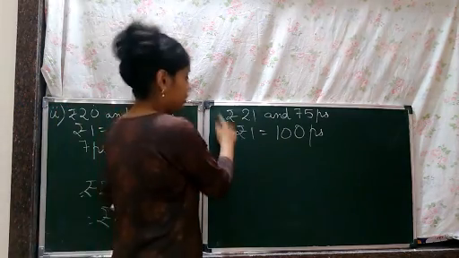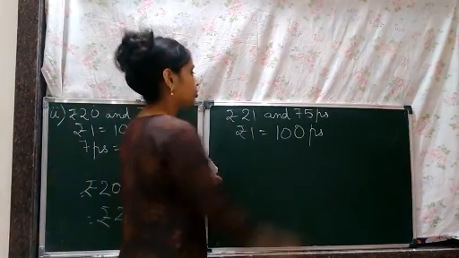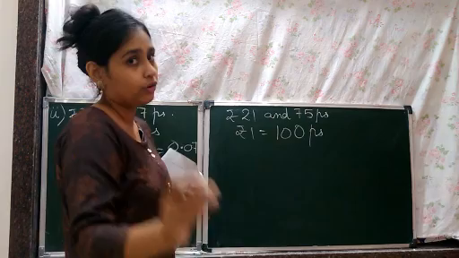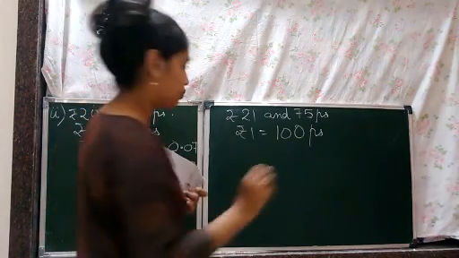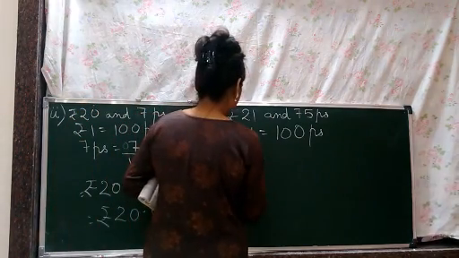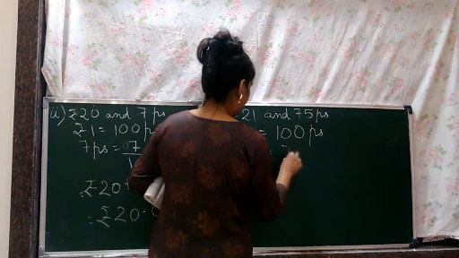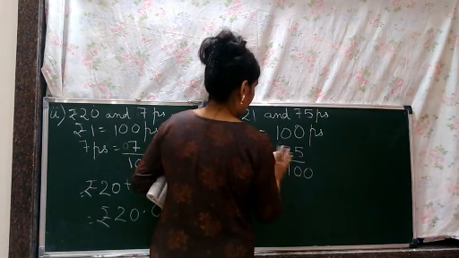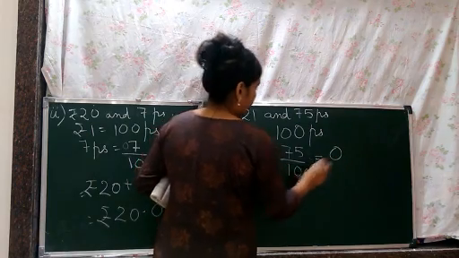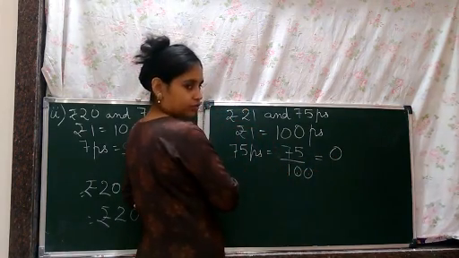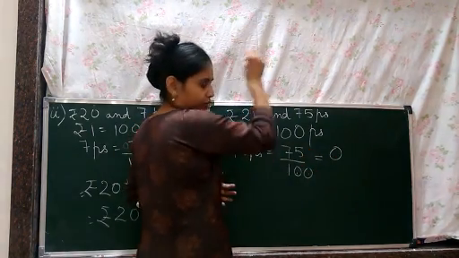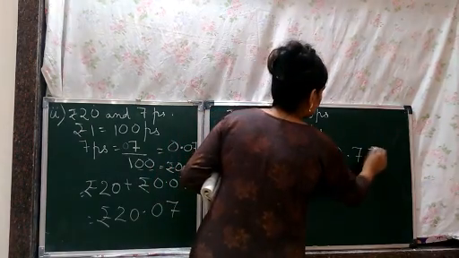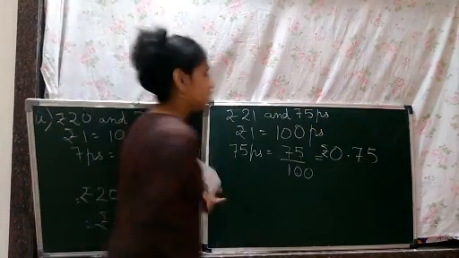Bigger unit means rupees. So we are going to convert pies into rupees. So we are going to convert 75 pies into rupees. Directly how we can write. Now we need 2 decimal places because we have 2 zeros and we have 2 decimal places also.